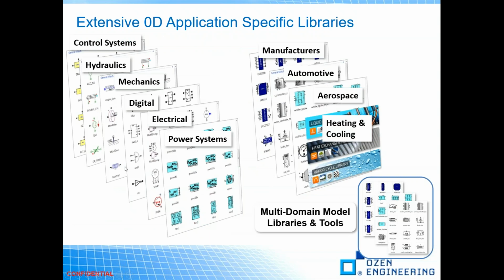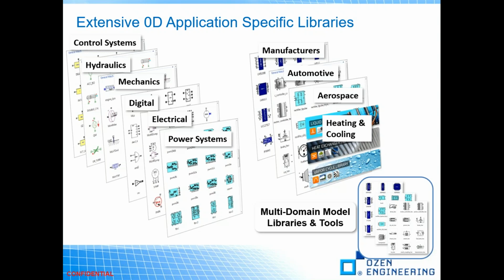Twin Builder also includes extensive 0D application-specific libraries. As you can see, we have ready-to-go libraries for components of different industries. We have control systems, hydraulics, mechanics, digital, electrical, and power systems. We also have libraries for manufacturing, automotive, aerospace, heating and cooling.